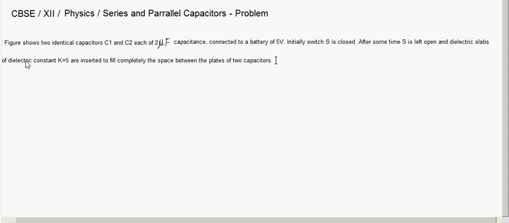Question A: how will the charge and potential difference between the plates of the capacitors be affected after the slabs are inserted?